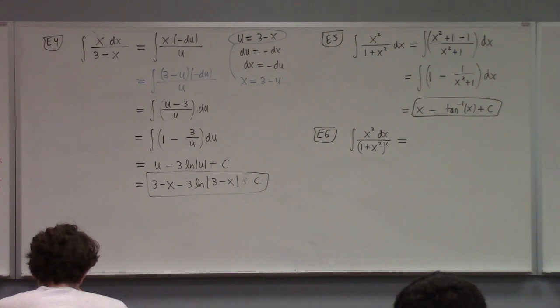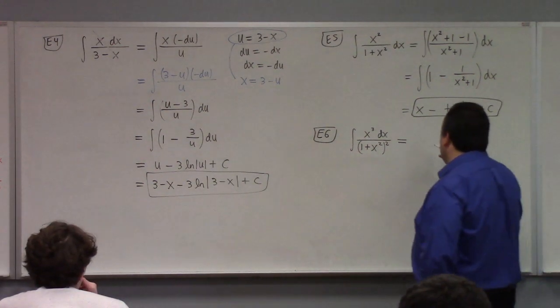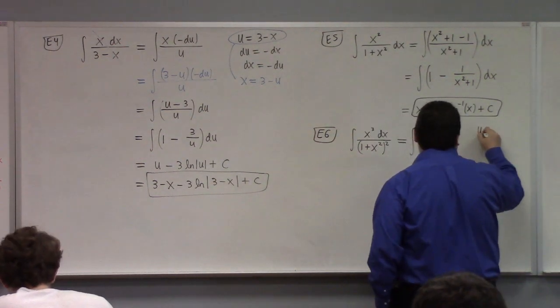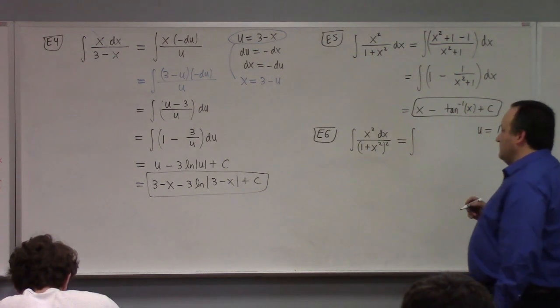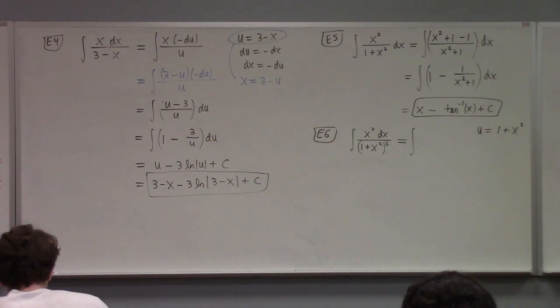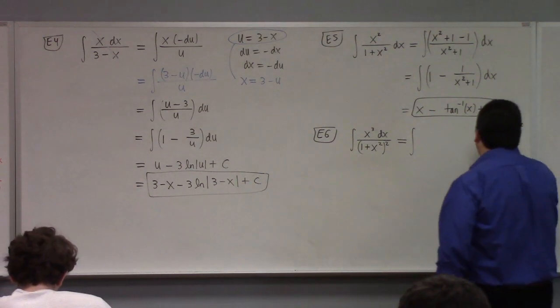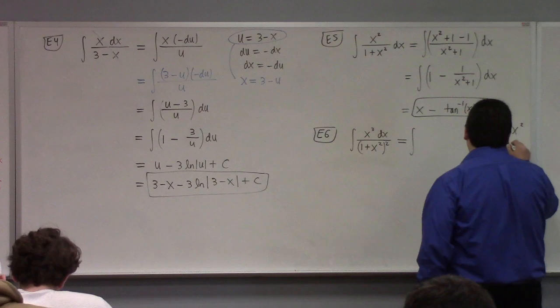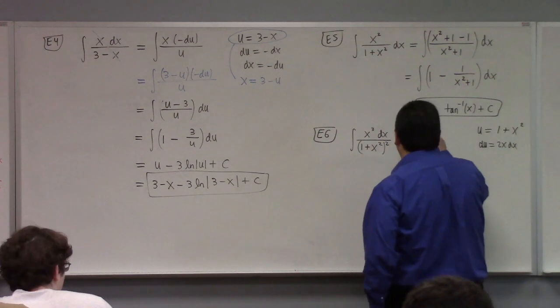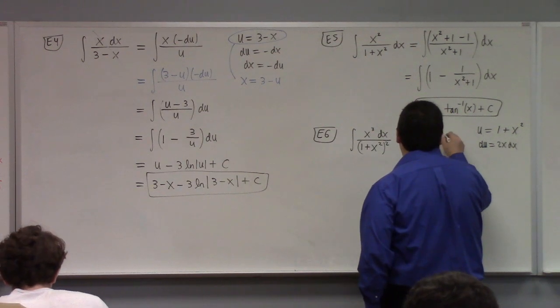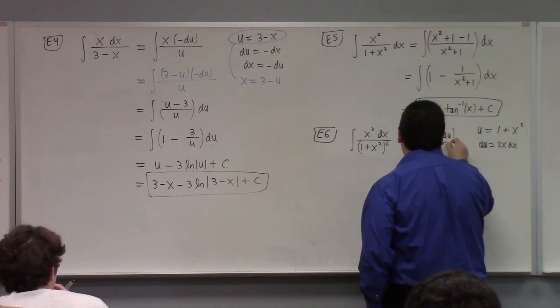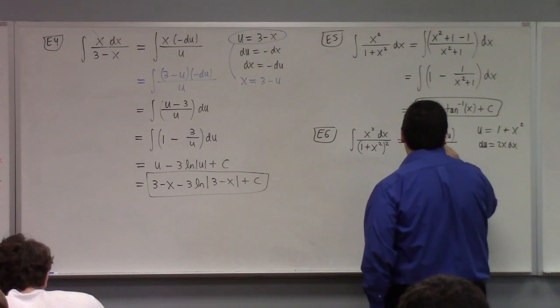I'm hopeful maybe we can make u equal to 1 plus x squared. Let's see if we can flesh that out. U equals 1 plus x squared. So then du is what? Du is 2x dx. So we've got x squared and then times 1/2 du divided by u squared.